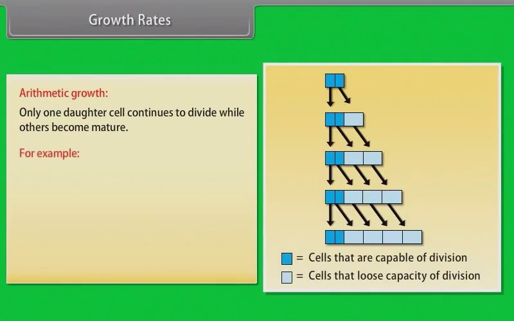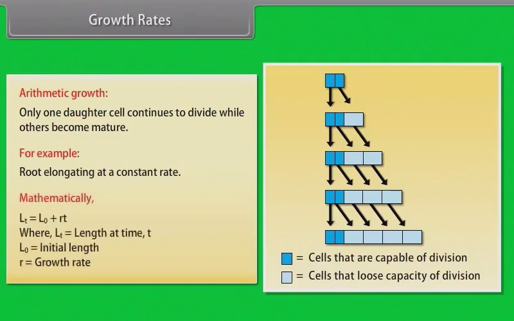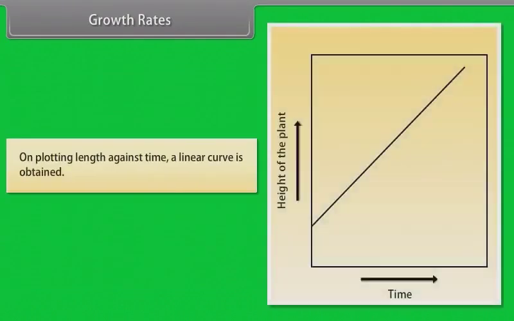For example, root elongating at a constant rate. Mathematically, Lt = L0 + rt, where Lt is the length at time t, L0 is the initial length, r is the growth rate. On plotting length against time, a linear curve is obtained.